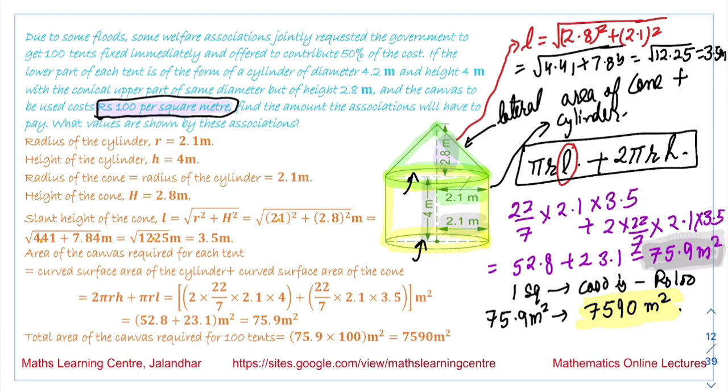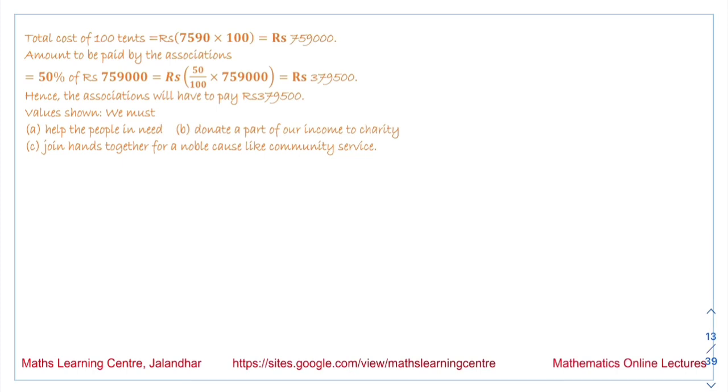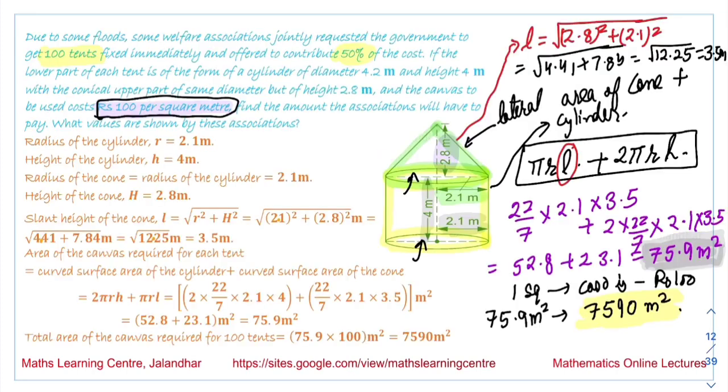Next, how many tents do we require? We require 100 tents, so the total cost for the 100 tents will be 759000 rupees. This is the total cost for the 100 tents.